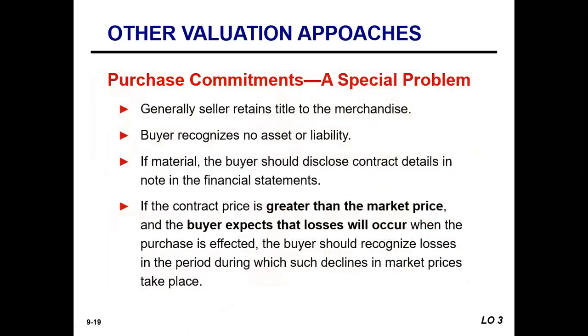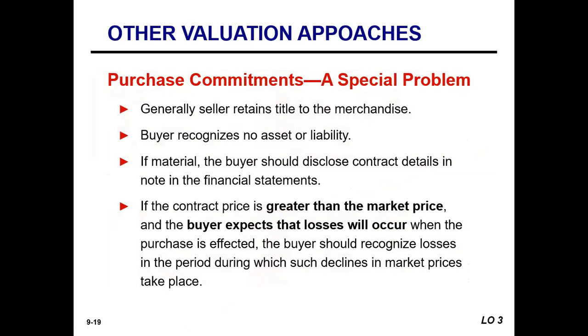All right, so another thing that your book talks about are purchase commitments. And so on these purchase commitments, it's referring to commitments or contracts where the seller retains title to the merchandise. So the buyer does not recognize any asset or liability on the purchase.